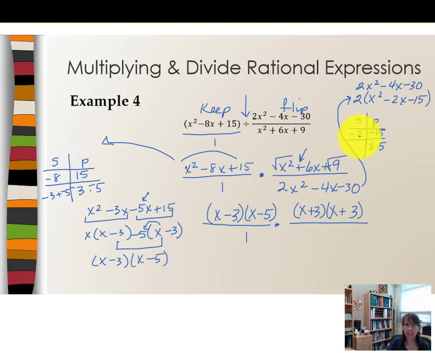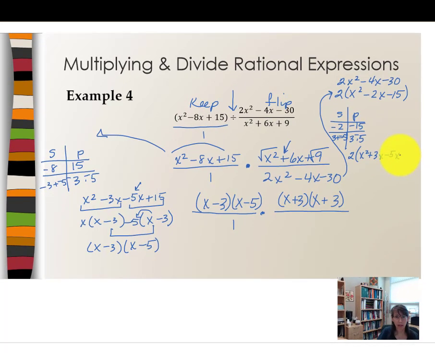To make the negative sum, 5 needs to be the negative. So 3 times negative 5 matches our product, and 3 added to negative 5 will make the sum of negative 2. So we now have 2 times quantity x squared plus 3x minus 5x minus 15.